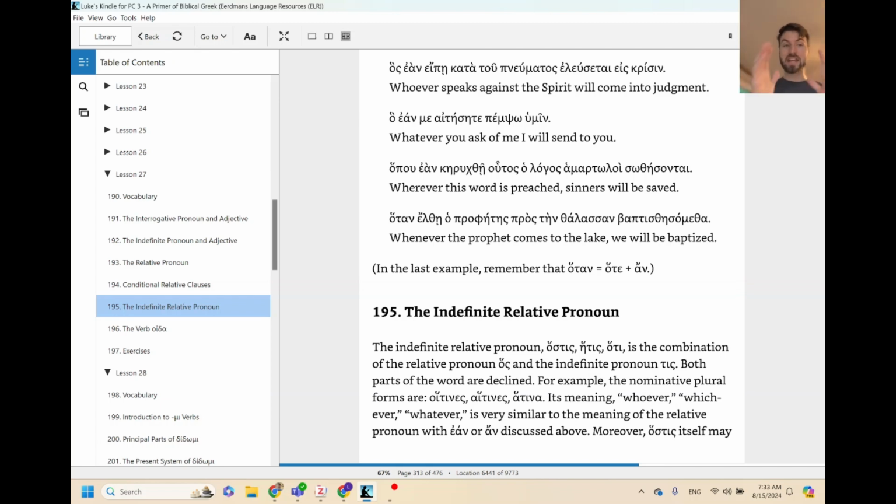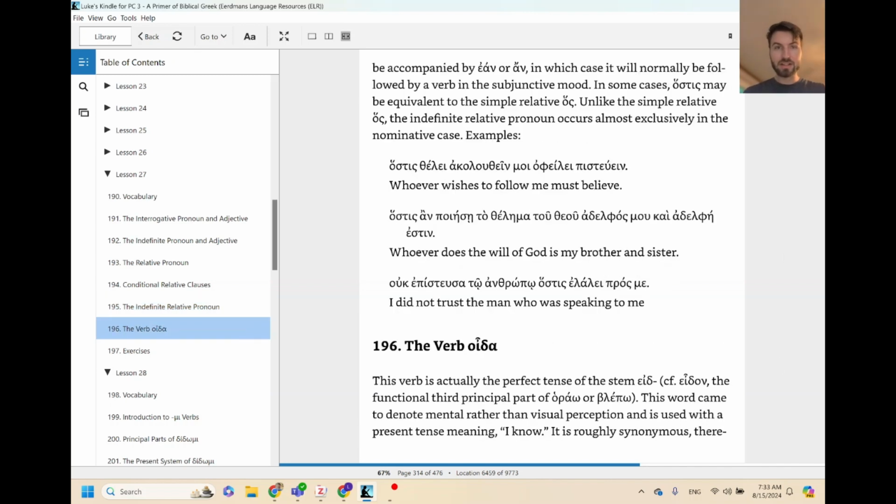Rather than having a definite relative pronoun, the man who did that, here we're making it indefinite. Whoever does this. So you'll see the examples here. Whoever wishes to follow me. Whoever does the will of God. You can see the hostis. So that's the indefinite relative pronoun.